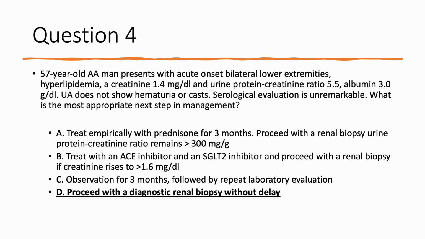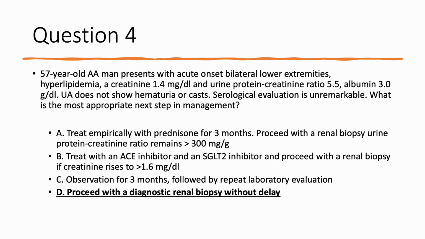So the point here, if you have nephrotic range proteinuria, and you don't know where it's coming from, like sometimes it's obvious it's from diabetes, it's diabetic nephropathy. You have someone, long history of diabetes, they have diabetic retinopathy, they have neuropathy, poor control of diabetes. It's pretty obvious. Here we don't have history of diabetes because I did not include that in the stem, meaning it does not exist.